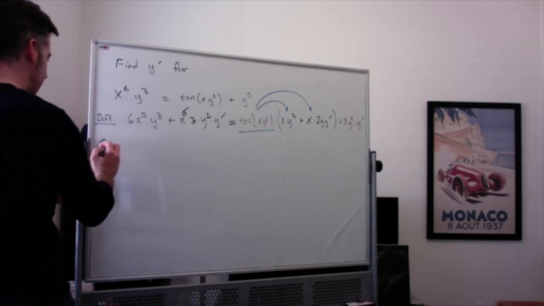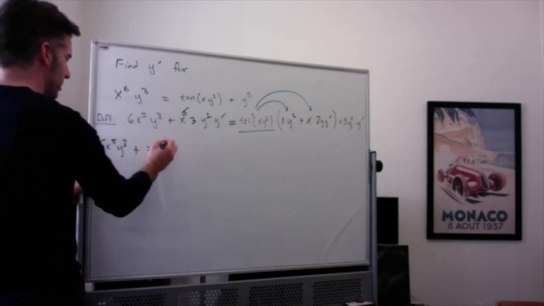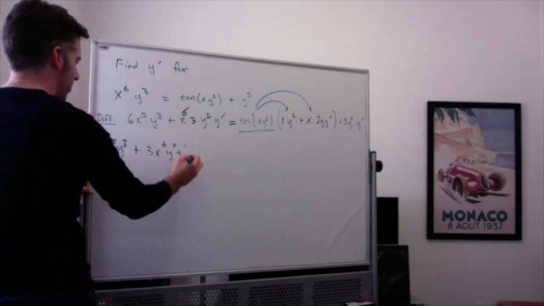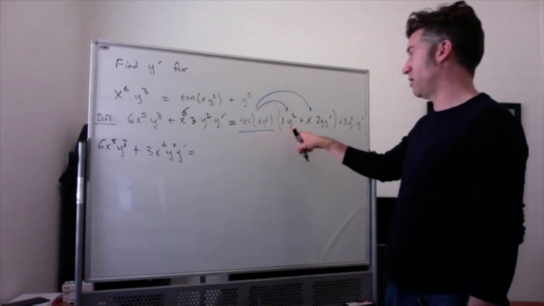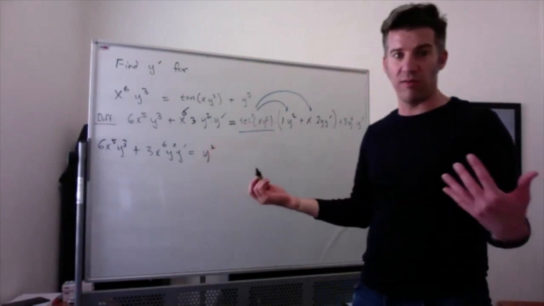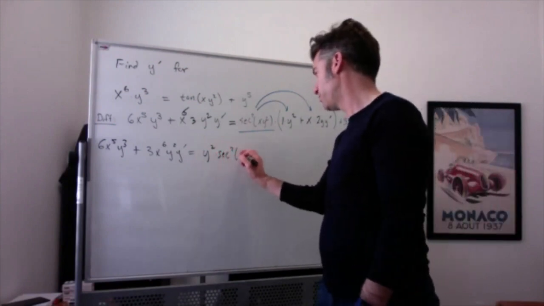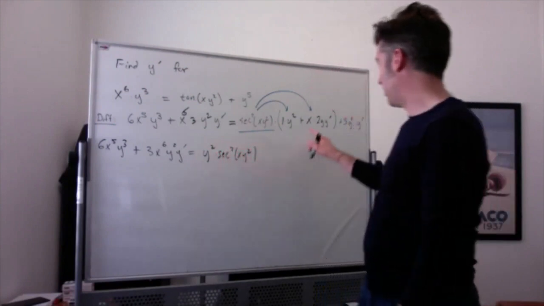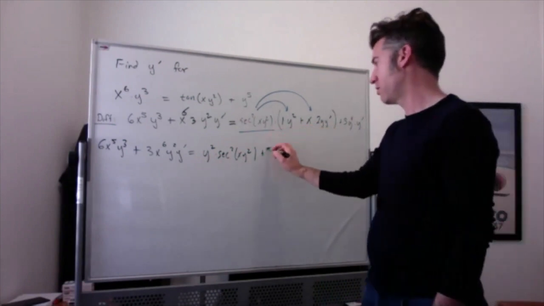So now 6x to the 5th y cubed plus 3x to the 6th y squared y prime equals secant squared of xy squared times y squared. I'm going to write the y squared first, because it's pretty standard to put other variables before trig functions. And then I'm going to have 2xy y prime times secant squared.